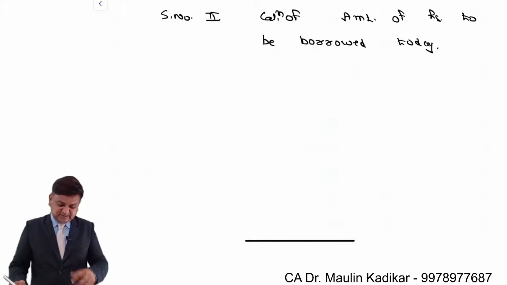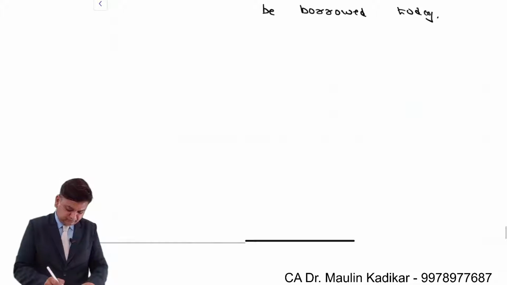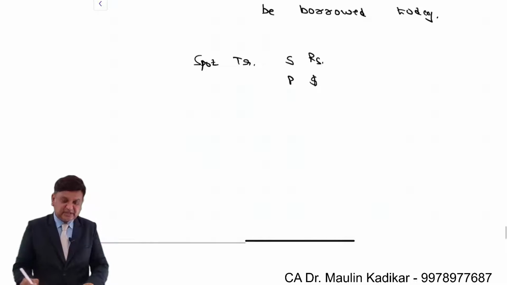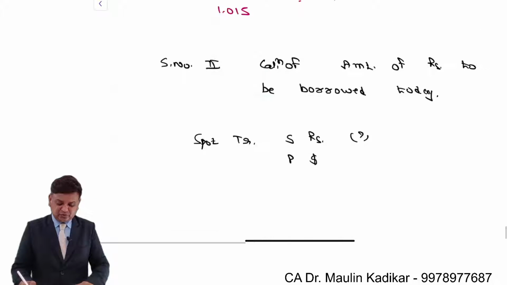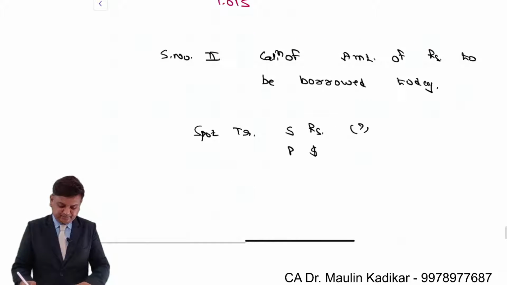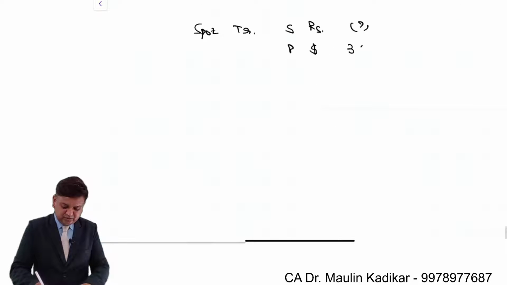For that, it is like this. Spot transaction: it is sale of rupees and purchase of dollar. This is the amount of rupees to be sold for purchasing this amount of dollar, 3448.28 dollar.